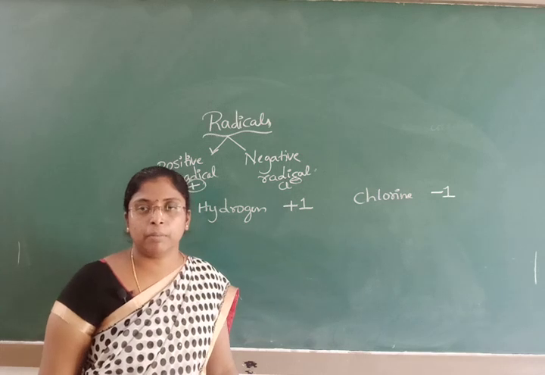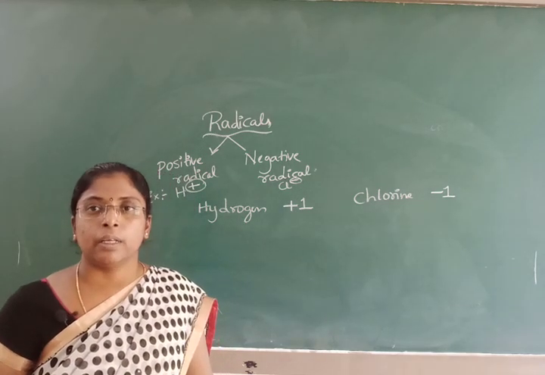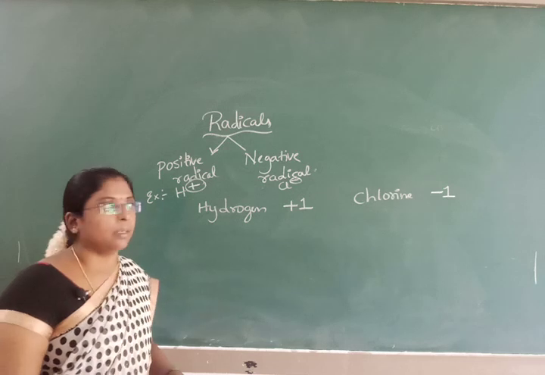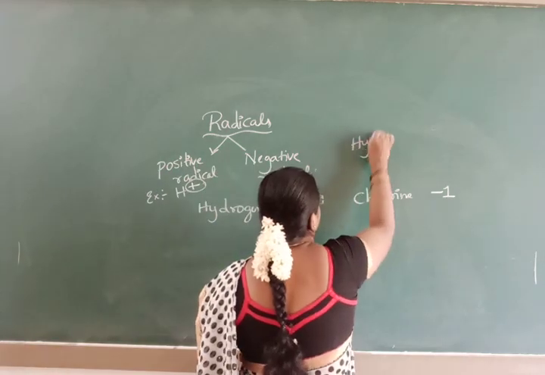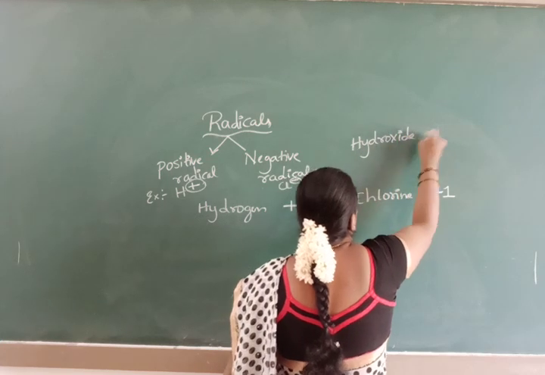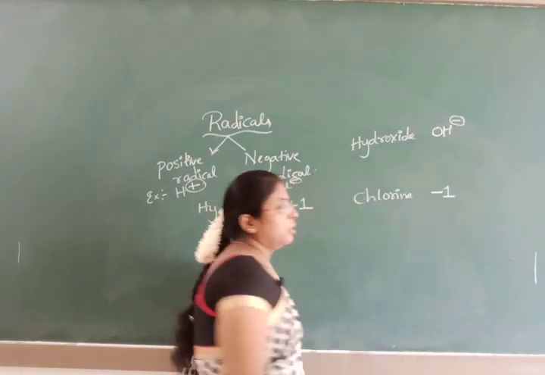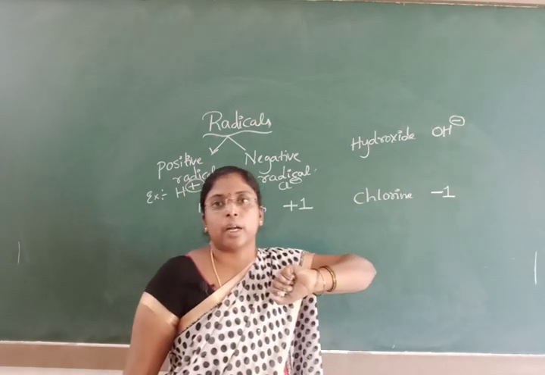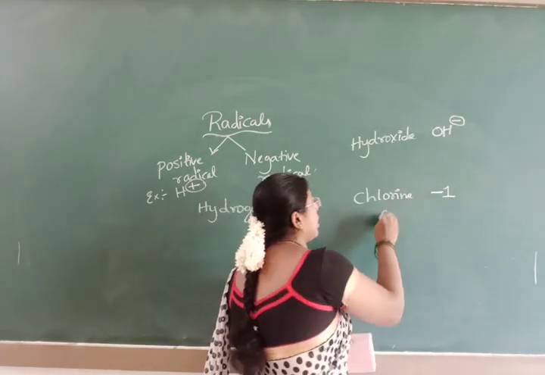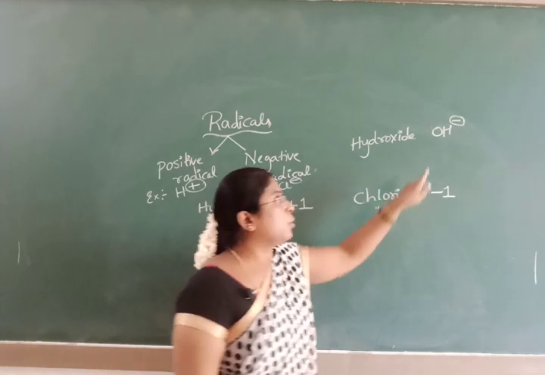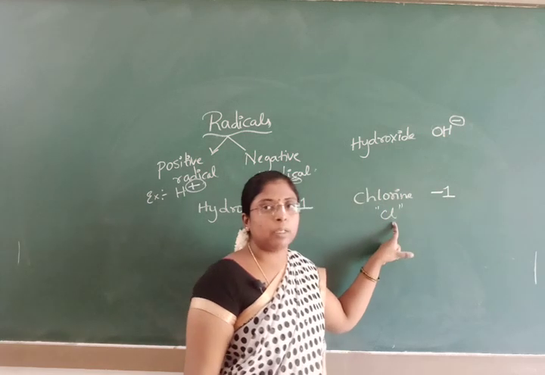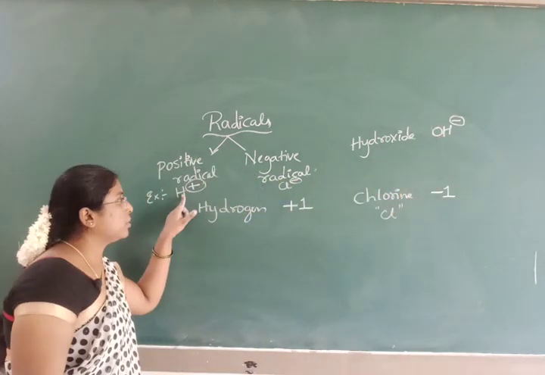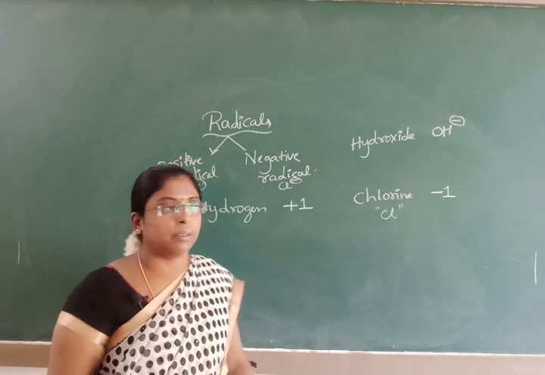It may be from the same element or from different elements combined chemically to form a positive or a negative radical. An example is hydroxide, OH minus. It is formed from two elements, oxygen and hydrogen. A radical may be a single atom, or a group of atoms from the same or different elements combined chemically to form a positive or a negative radical.